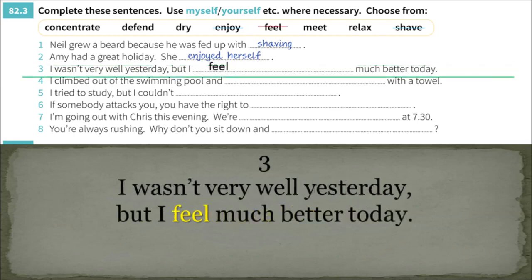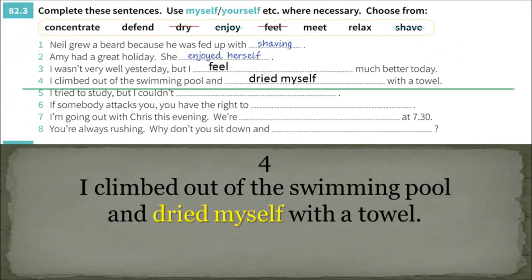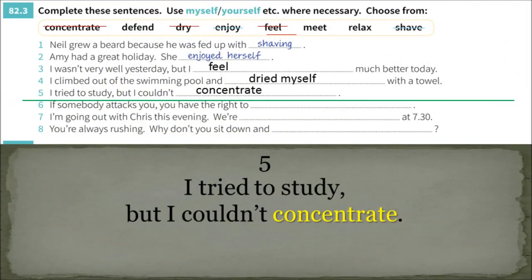I want you to meet Sarah. I wasn't very well yesterday, but I feel much better today. I climbed out of the swimming pool and dried myself with a towel. I tried to study, but I couldn't concentrate.